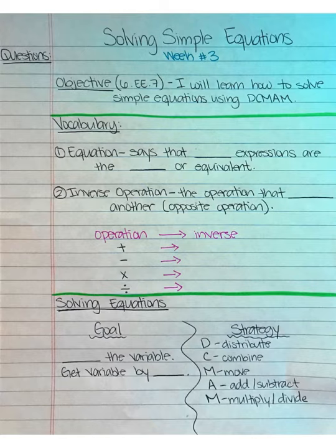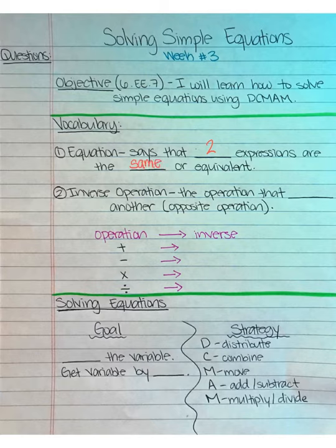We're going to start this lesson off with just some vocabulary words. There are 2 words that we're going to be using on and on during this lesson, and they are equation and inverse operation. So it's very important that we talk about what these actually mean. Equations, you might have heard of that before. They say that 2 expressions are the same or equivalent.